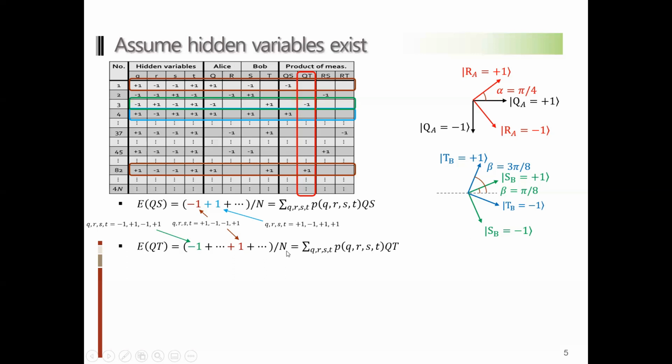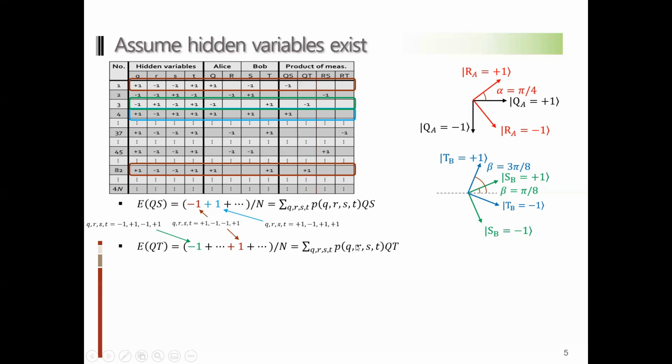Along that line, we also obtain the expectation value for the QT product, and again we can rewrite this expectation value in terms of the probability of each of the 16 combinations, multiplied by the value of QT for each combination.